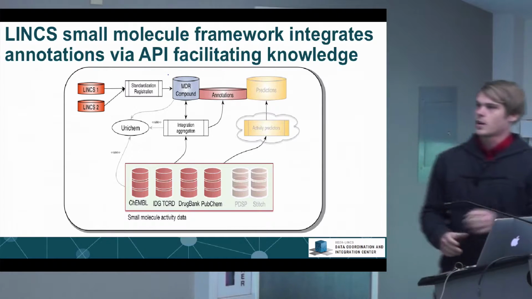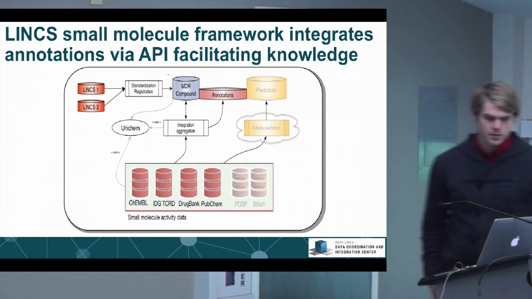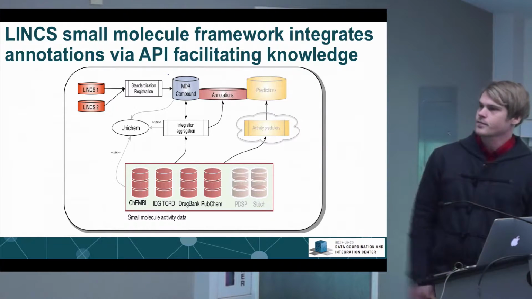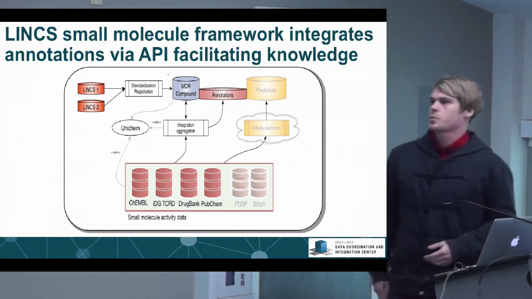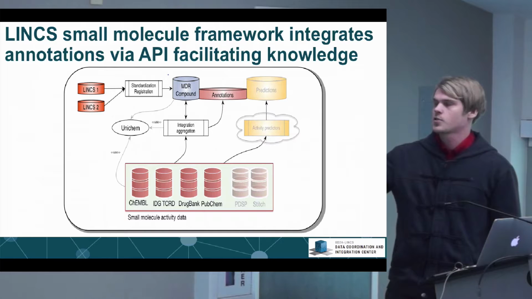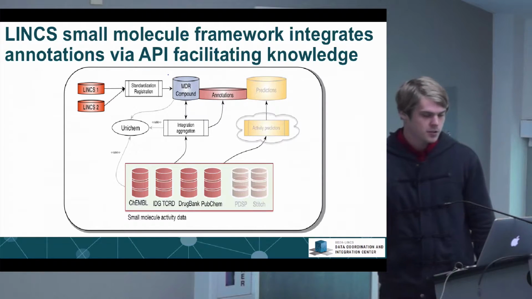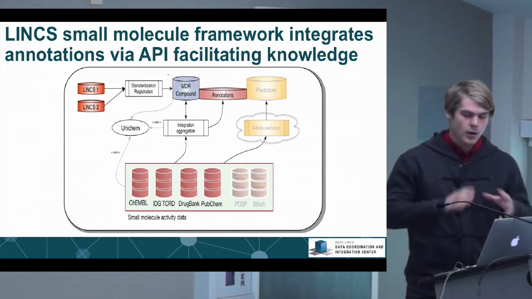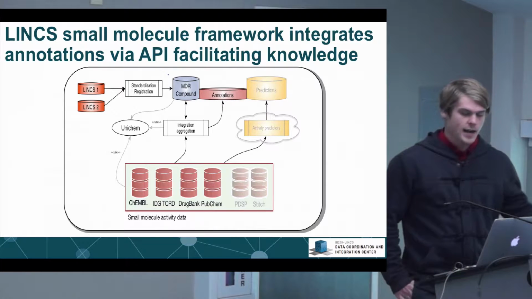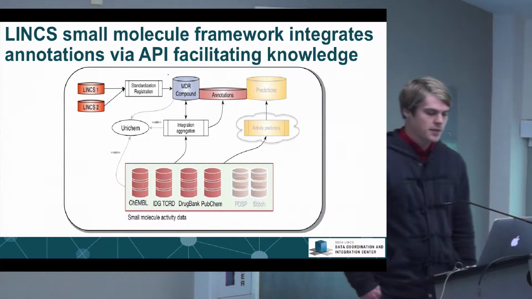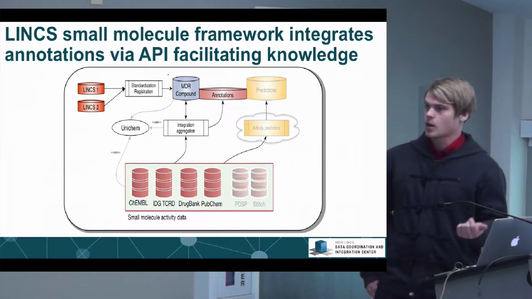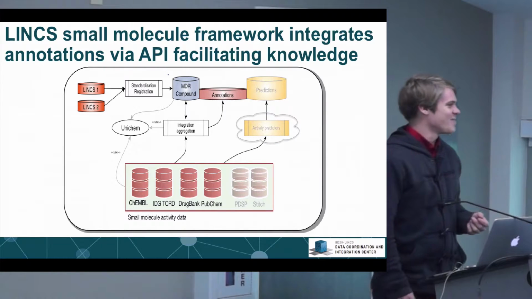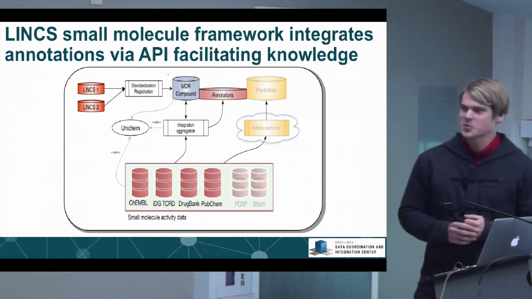And real quickly, just to walk you through the pipeline that we have in place. These different LINCS 1, LINCS 2 correspond to the different centers. We do the standardization and the registration on the data. This goes into the metadata registry, which Vass talked about. And then we pull in aggregated bioactivity data, as well as other activity data, from a variety of different public bioactivity databases, including ChEMBL, Illuminating the Druggable Genome, DrugBank, PubChem, and we're starting to integrate from other sources as well.